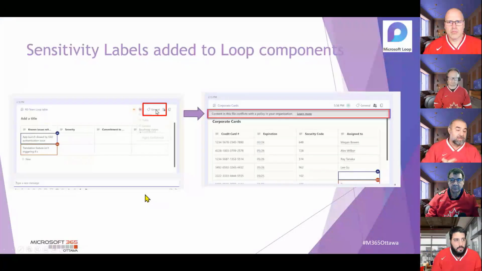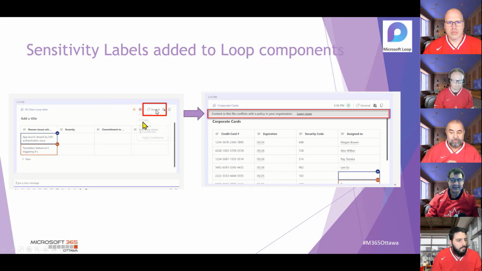When the loop component updates, does it update the record of the actual email itself so that the email doesn't get deleted as well? Does it refresh or something like that? That's the one thing that a lot of organizations, especially the ones I work with, are looking for. With what they've announced for the sensitivity label, you'll be able to pick what label you want to assign.